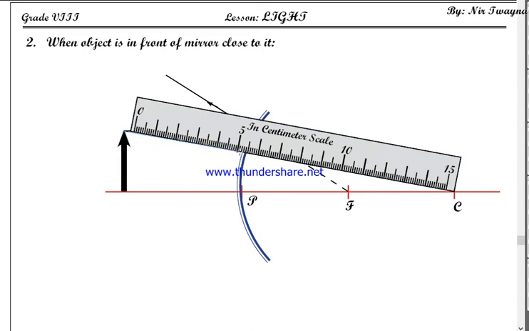Draw it as a straight line up to the mirror, because it is passing like this, and after striking the mirror, it will reflect through the same line. And you know that these two reflected light rays are never going to meet.